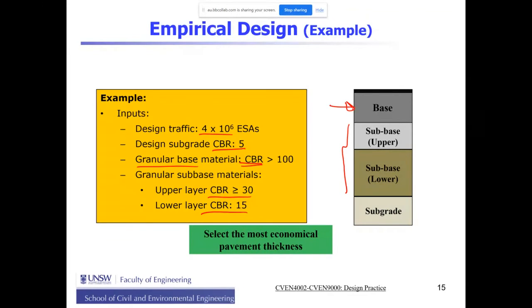But before I solve this one, let me ask you one question. What does this mean? Is it possible to have a CBR value larger than 100%? Can you tell me what is the meaning of that? A base material with CBR larger than 100%.